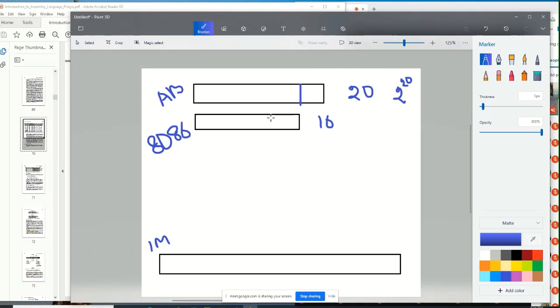So if the address size is 16-bit, how many locations can we have? Of course, 2 to the power 16, right? So 2 to the power 16 is more or less 64 kilobyte.